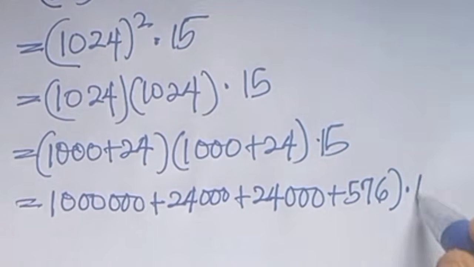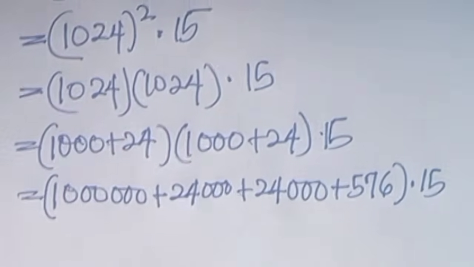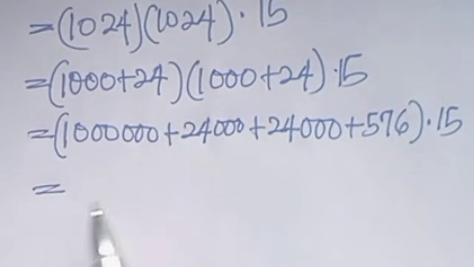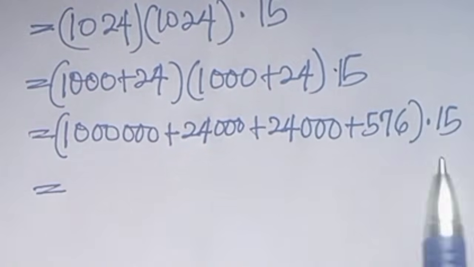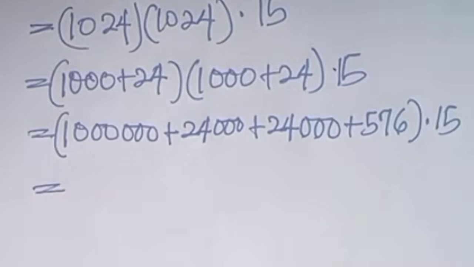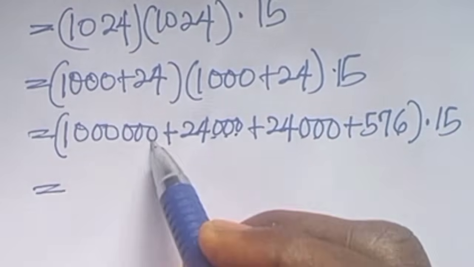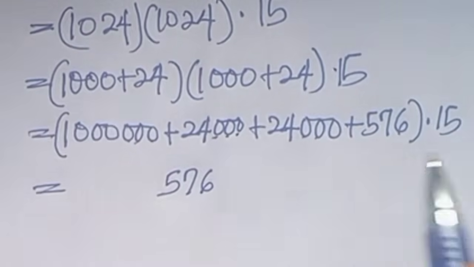If we close this bracket times 15, and we are fine. In the next line, we're going to add up the content of the bracket, that is 576 plus 000 plus 000 plus 000, that will be 576.